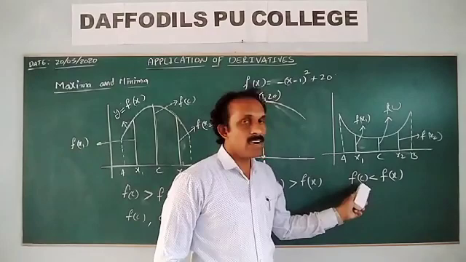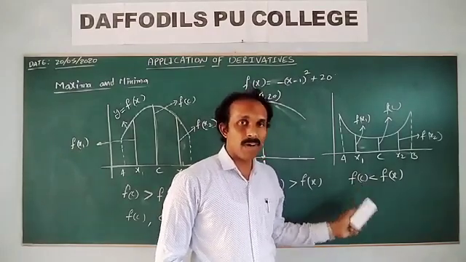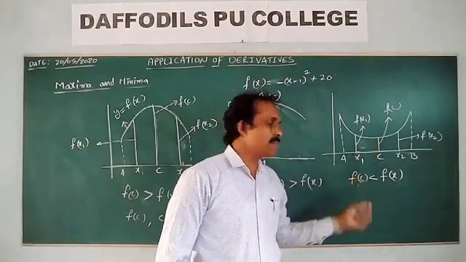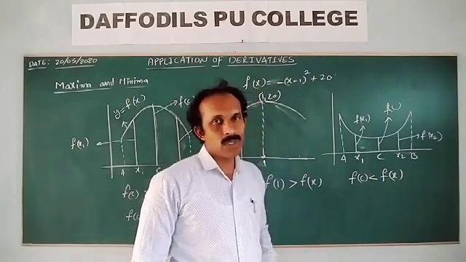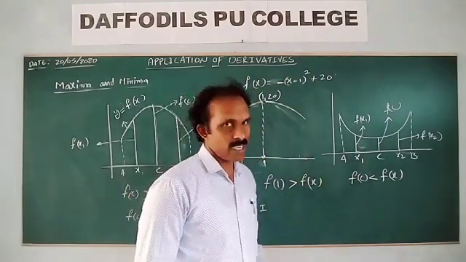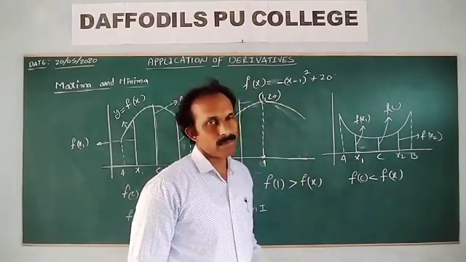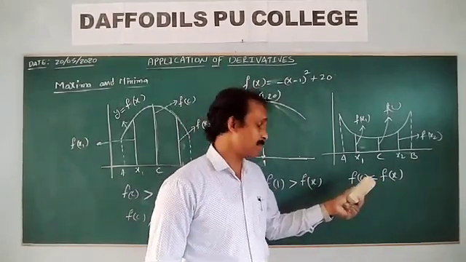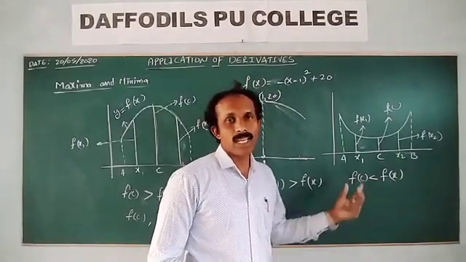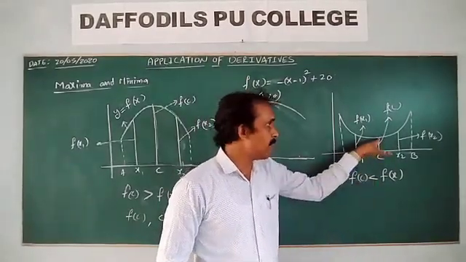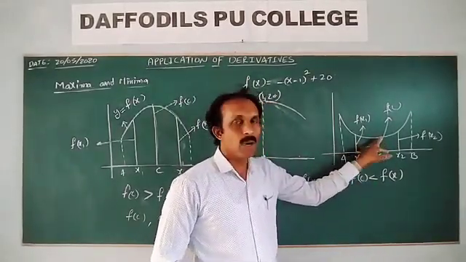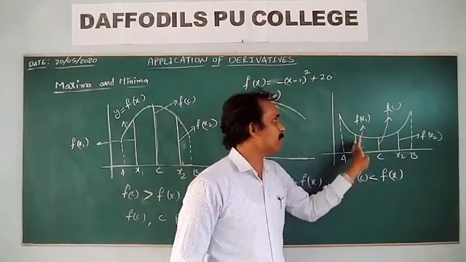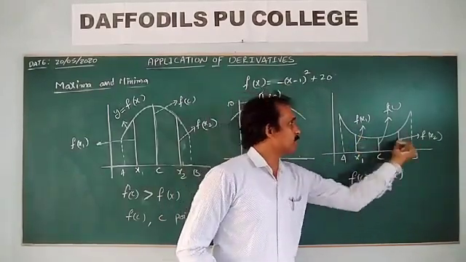And the number f of c, sorry, not maximum, minimum value. Then the number f of c is the minimum value compared to these two; these are the highest values compared to it.